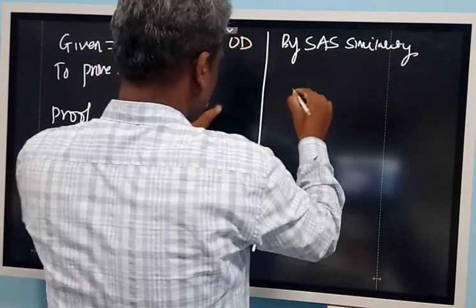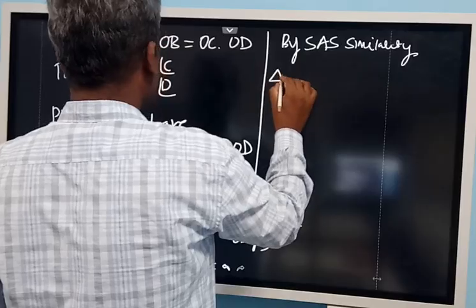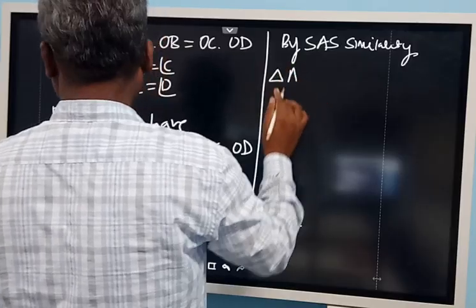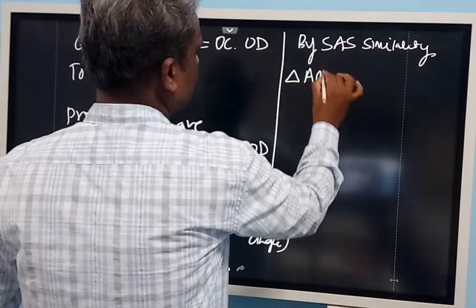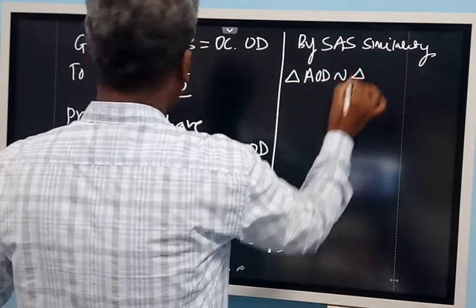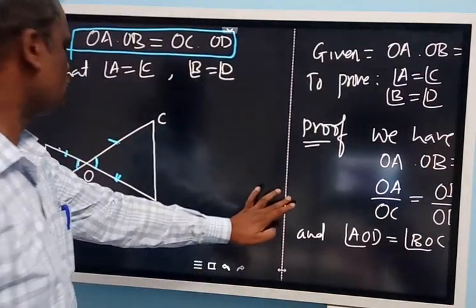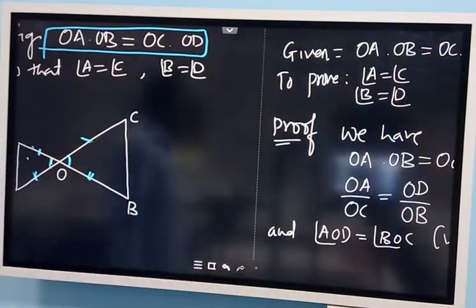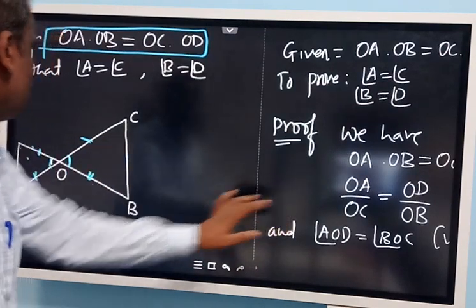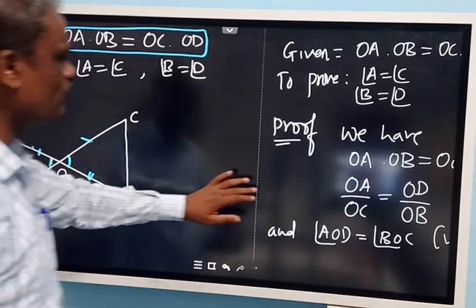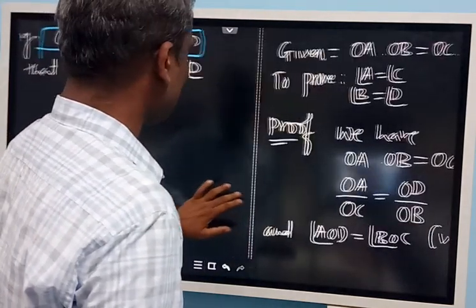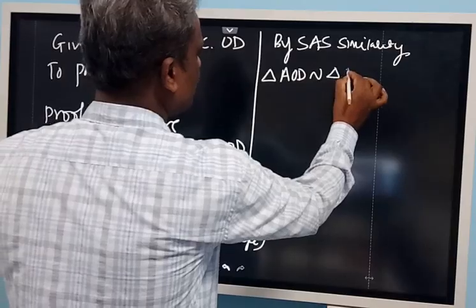By SAS similarity, I can write triangle AOD similar to triangle. What are the angles which are shown equal now? See, which are the sides in equal ratio? AO by OC. Therefore, angle A will be equal to angle C. See, the corresponding vertex for A is C only.